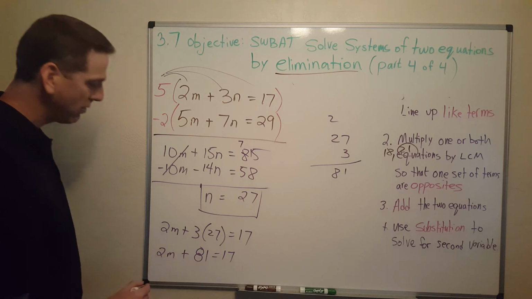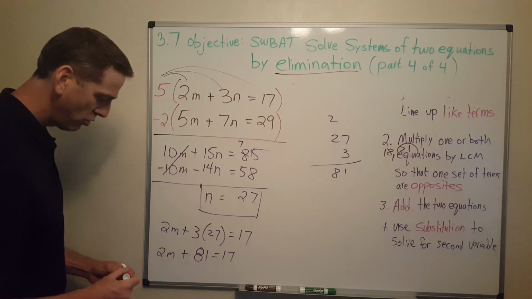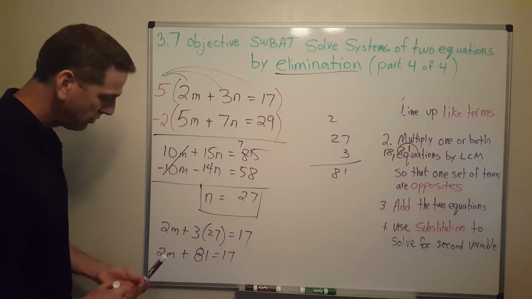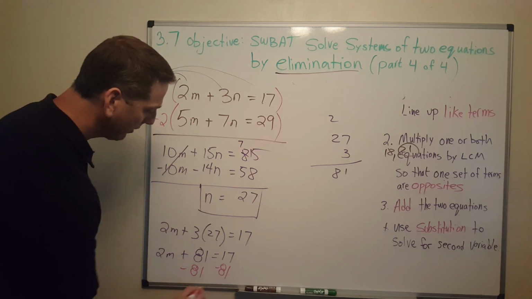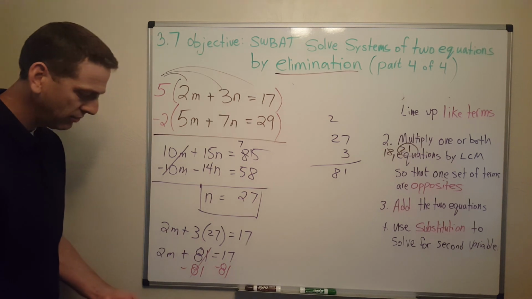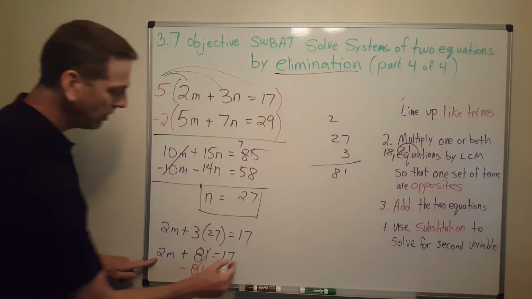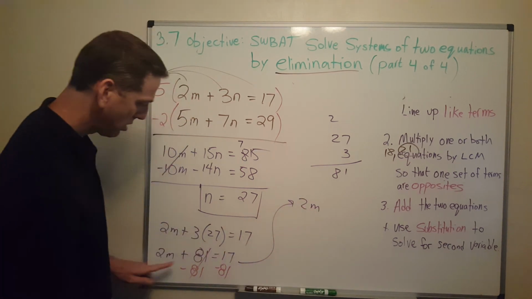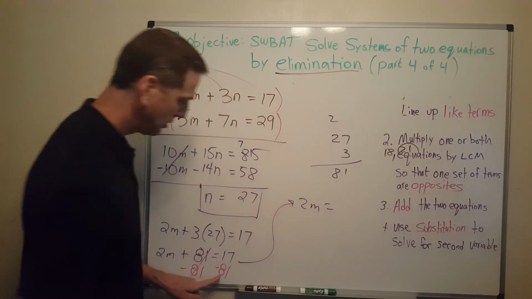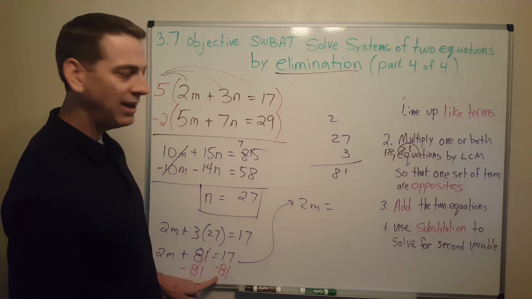Bring everything down. All right, I need to move this over. So I'm going to subtract the 81 from both sides. That cancels, leaving me with 2m equals, what's 17 minus 81?